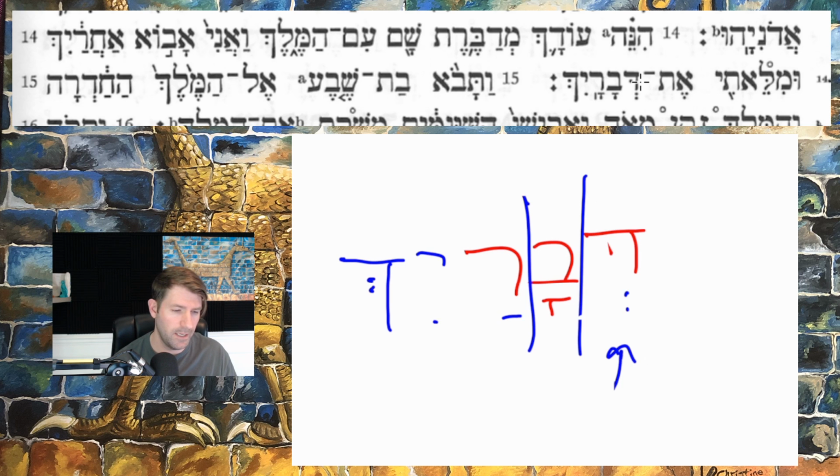So there's our ending eich, and they've got a metheg here, this little vertical line next to it. It's an ugly qamets, but because this happens a lot at the end of a verse or an end of a line, where you have a sof pasuk, these two dots here make this a long vowel. It's a qamets. So that explains why that's a qamets there.